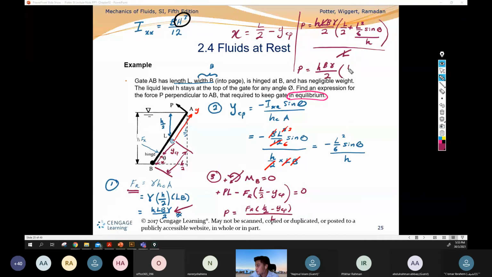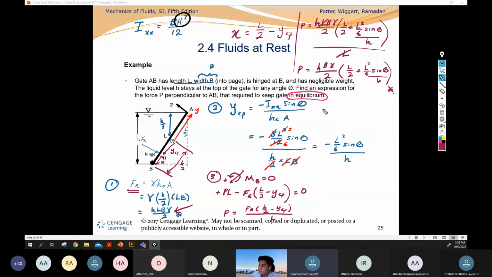You can put it this way also, it can be accepted. L cube. Can you see this is H? We cannot simplify further, because this is not in terms of H. It's okay. L squared over 6 sine theta over H.